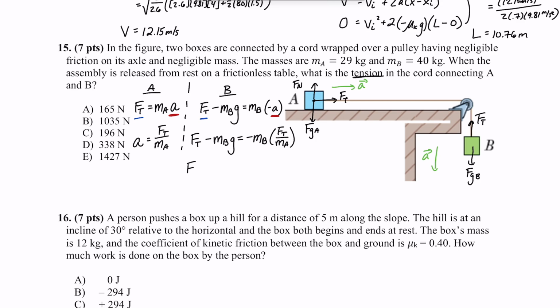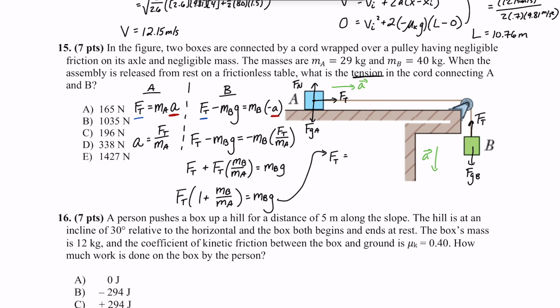So I'll move all of my Ft terms to the left-hand side, and move this term to the right-hand side. I can factor out Ft, and then divide to get Ft by itself.